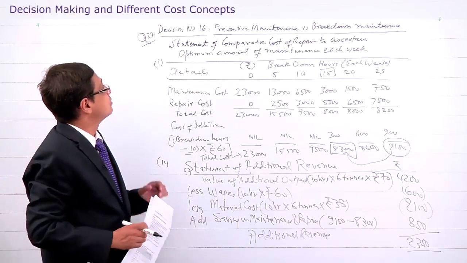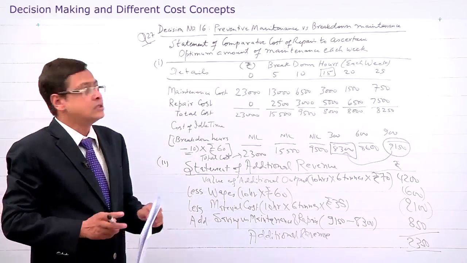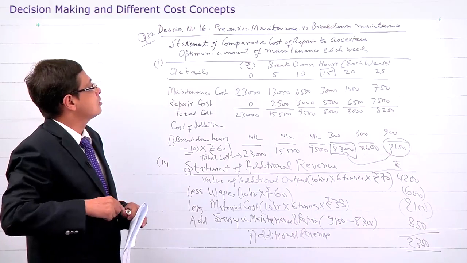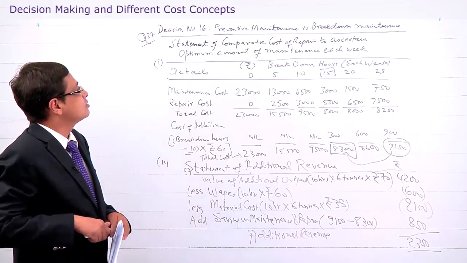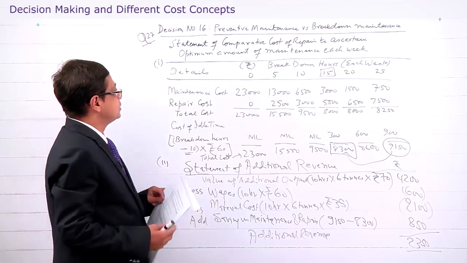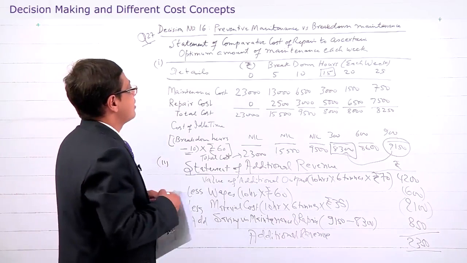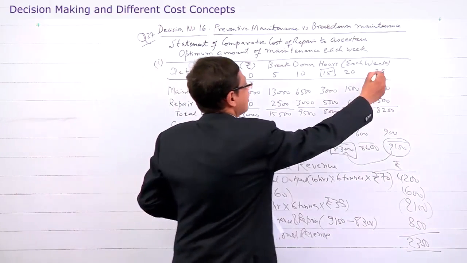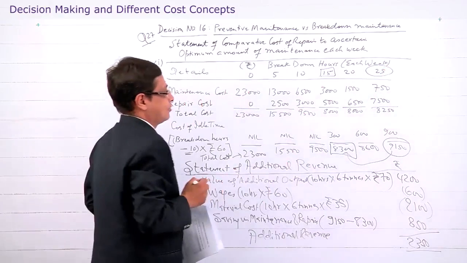Let me repeat the solution again. This question talks about preventive maintenance versus breakdown maintenance. So presently you are working at this level. This is your present level.